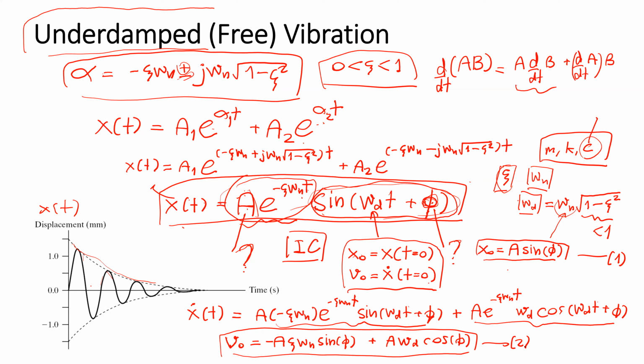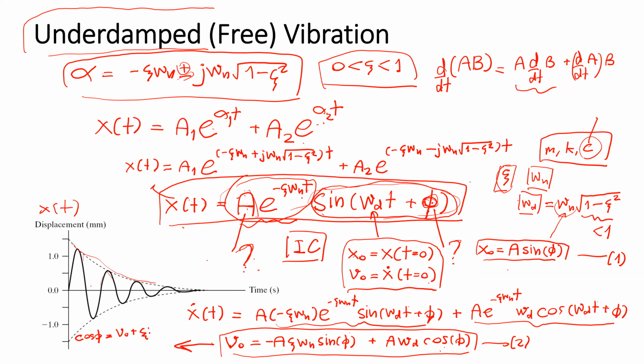I recommend we write this equation in terms of cosine of phi. So the cosine of phi is equal to v0 plus A sine phi times omega n, but A sine phi is equal to x0.